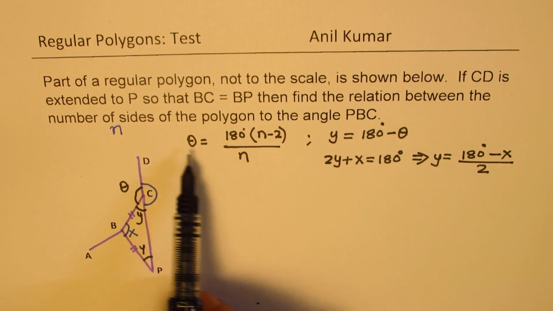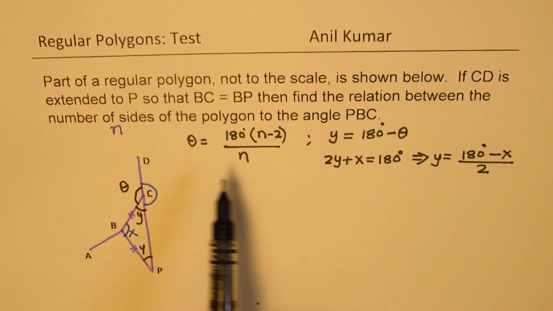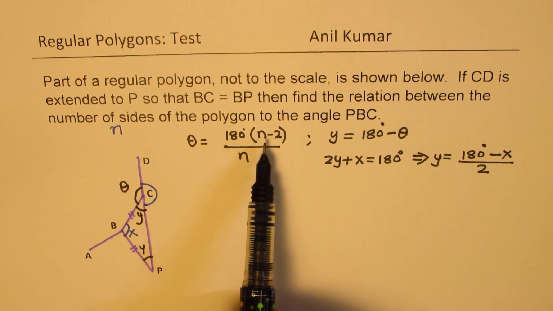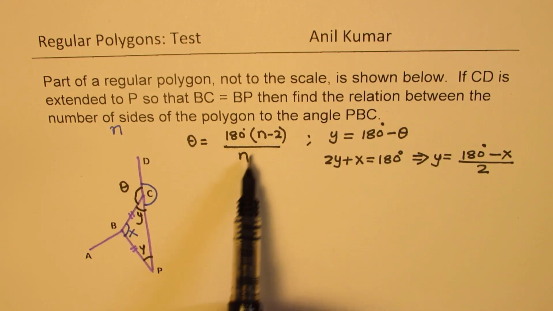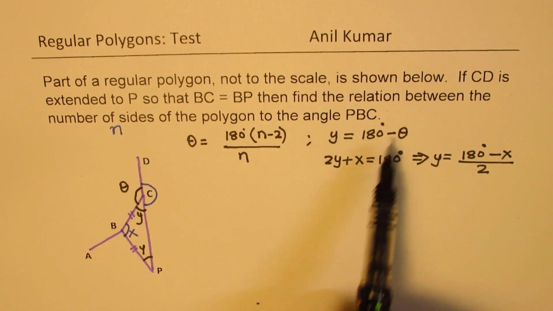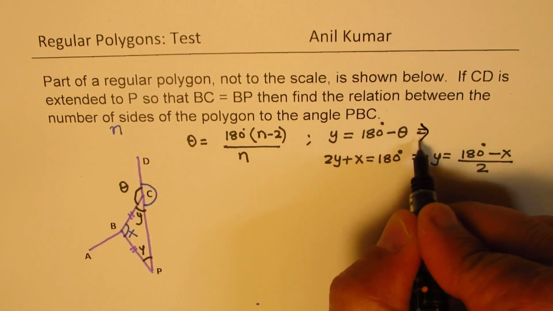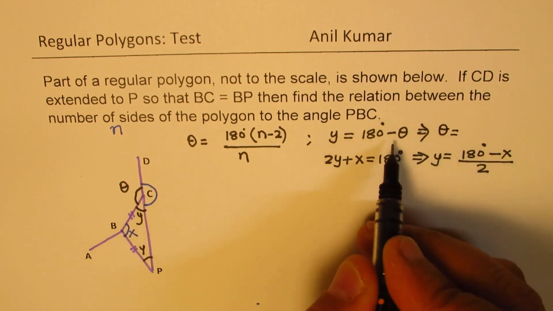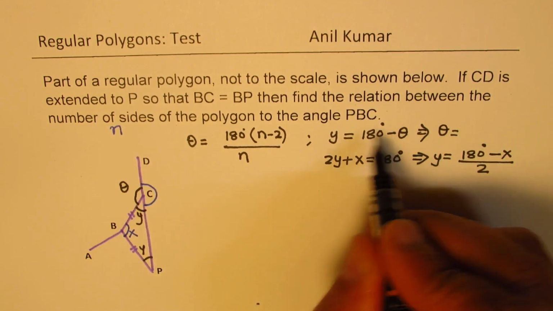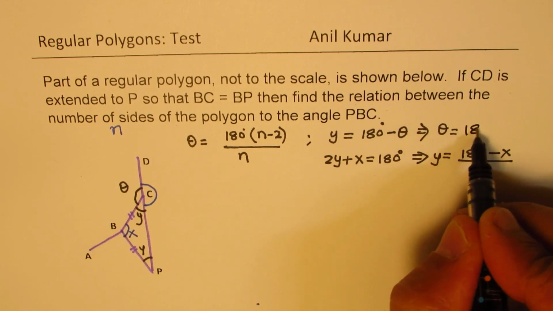On the other side, we have theta in terms of 180 degrees and n. Now, y can be written here. So from here, we could write theta as 180 minus y.